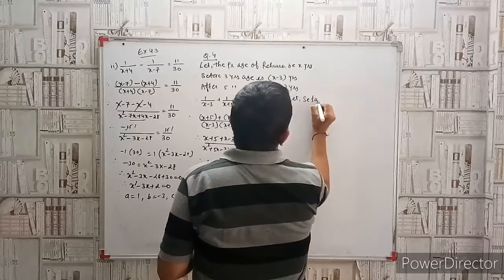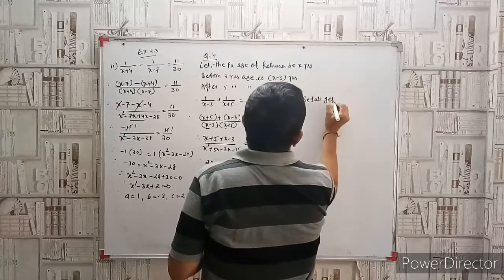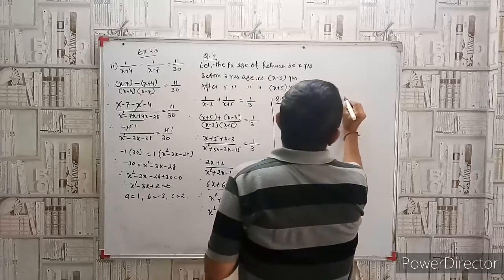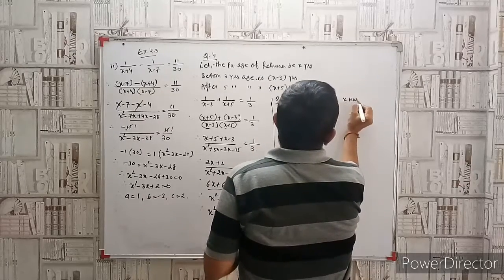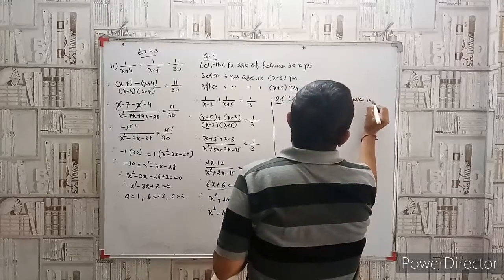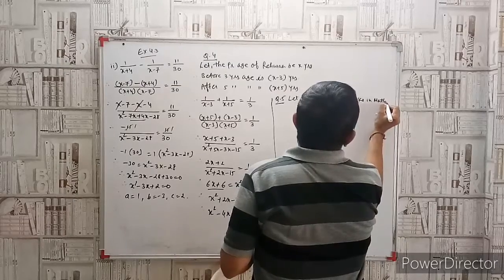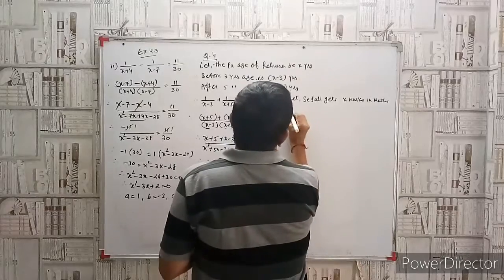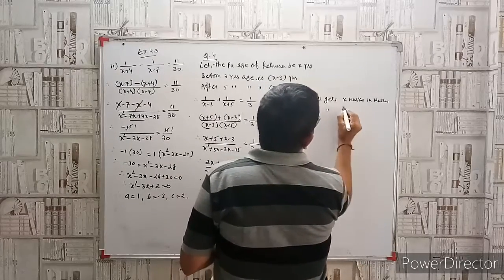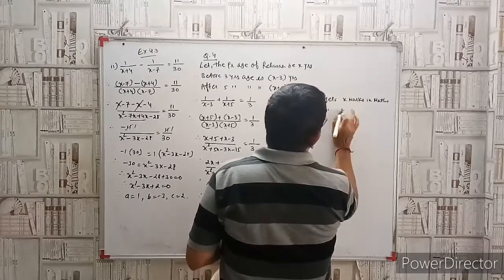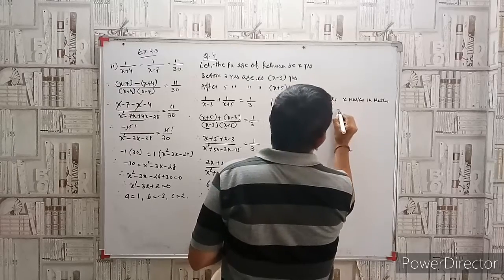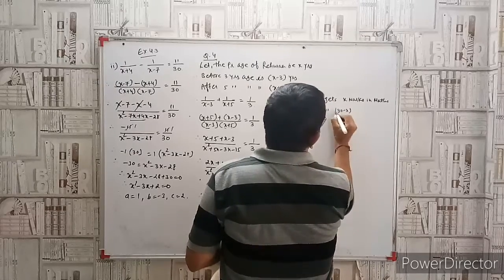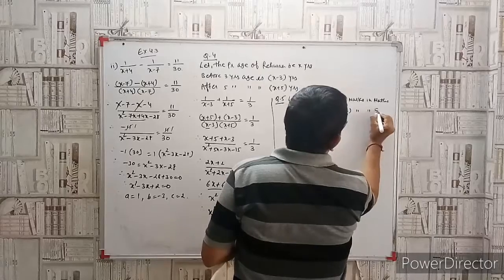Let Shefali get x marks in maths, and the sum of the 2 marks is 30. So therefore Shefali gets 30 minus x in English.